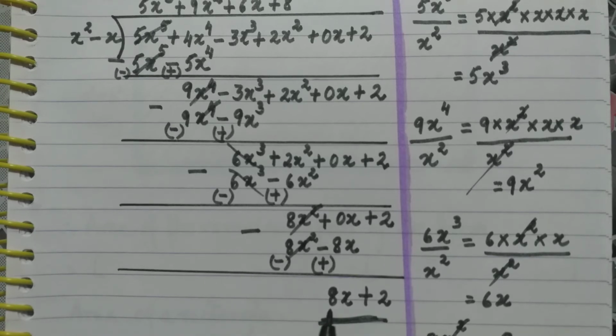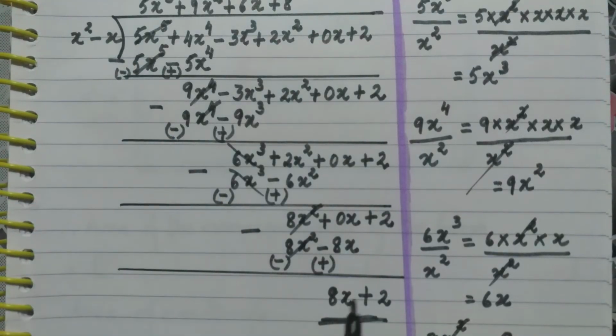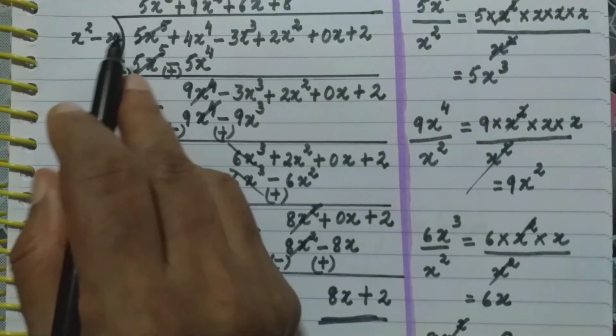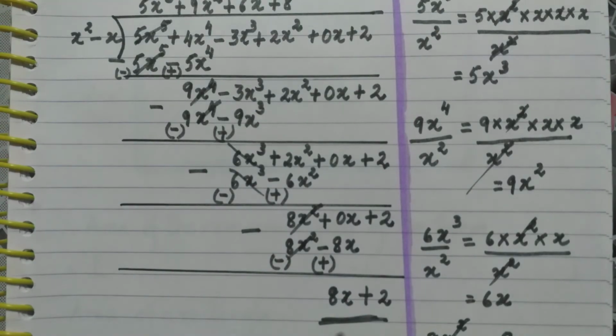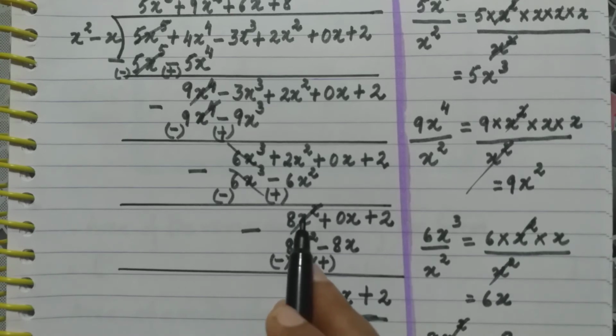So what do we do? We have to confirm whether the degree of the divisor is greater than the degree of the remainder. What is the degree of the divisor? Highest power is 2. What is the degree of the remainder? Highest power is 1. 2 is greater than 1. Therefore, we stop dividing and 8x plus 2 is the remainder. What happened here?